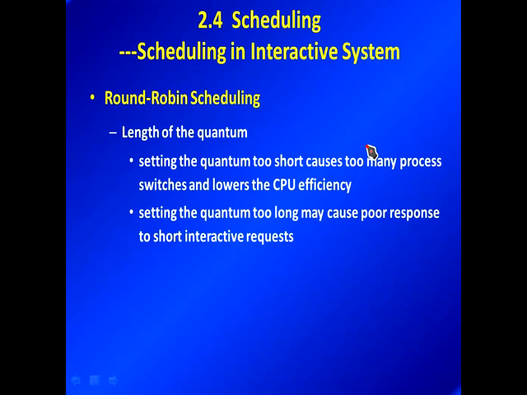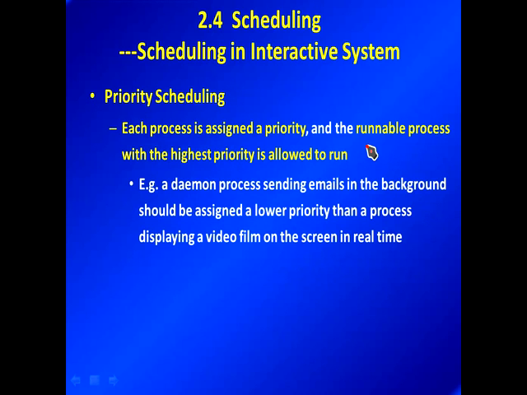All of these operations need some time, and if you set the quantum as a very small value, the useful ratio of the time is very low. So you have to remember this basic value for the length of the quantum. It's usually set around 20 to 50 milliseconds. So this is all about round-robin scheduling.